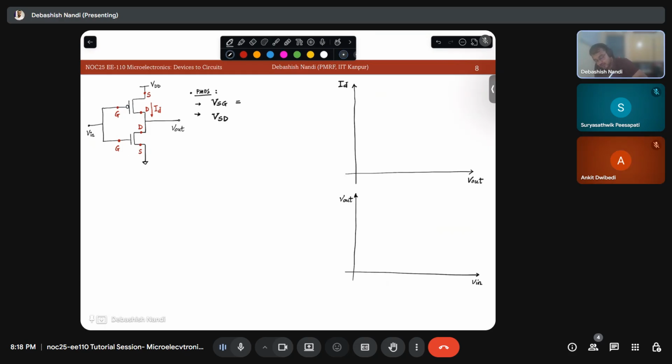From the figure, can you tell me what is VSG in terms of VDD, V out and V in? VDD minus V in. Good. And what is VSD?